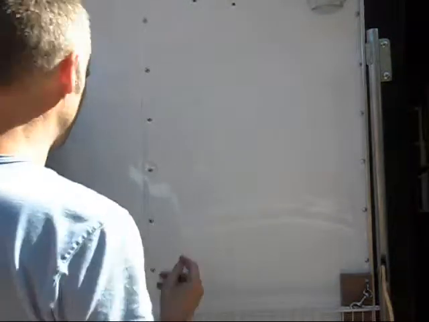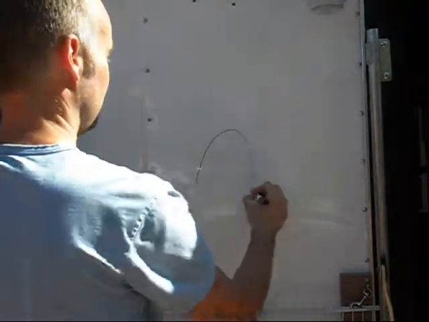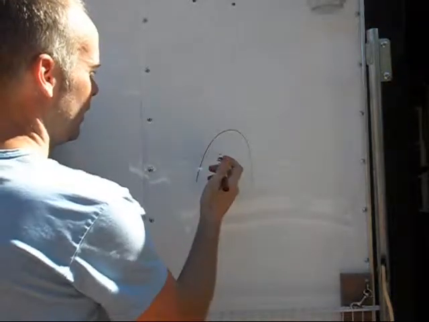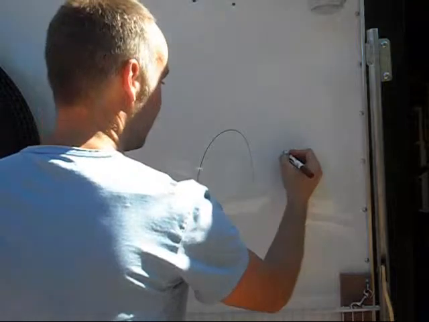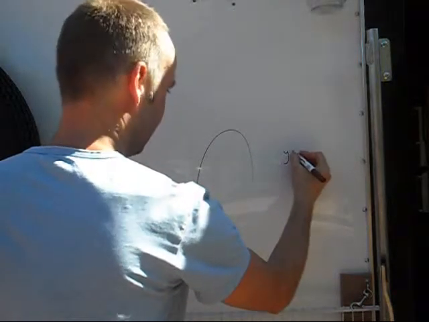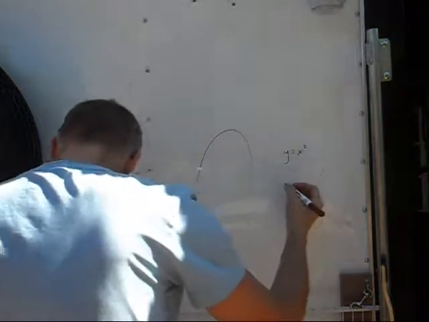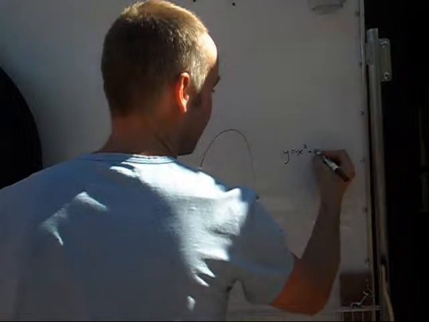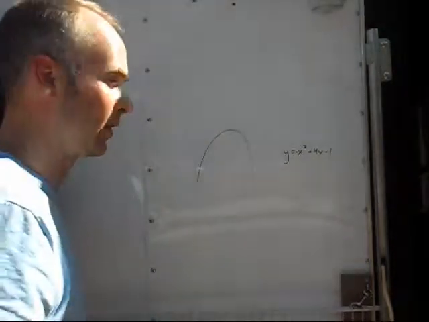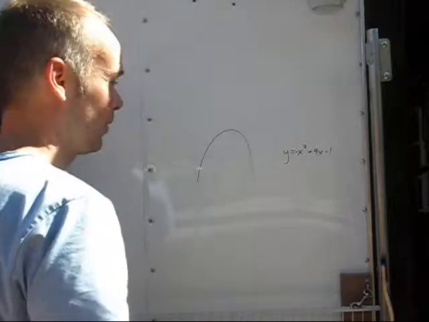So for example, if you have a parabola, something like this, and let's say it's, let me just give an example here, y is equal to minus x squared plus 4x minus 1. So this is our nonlinear equation, our quadratic equation.